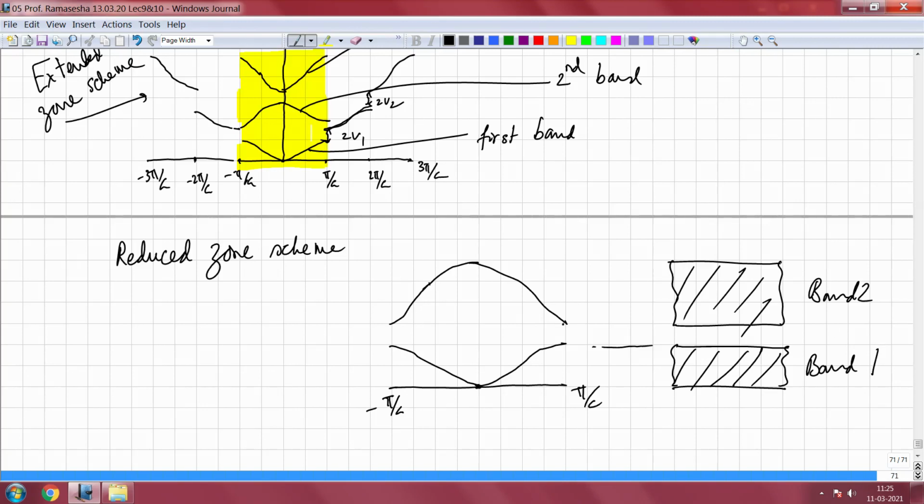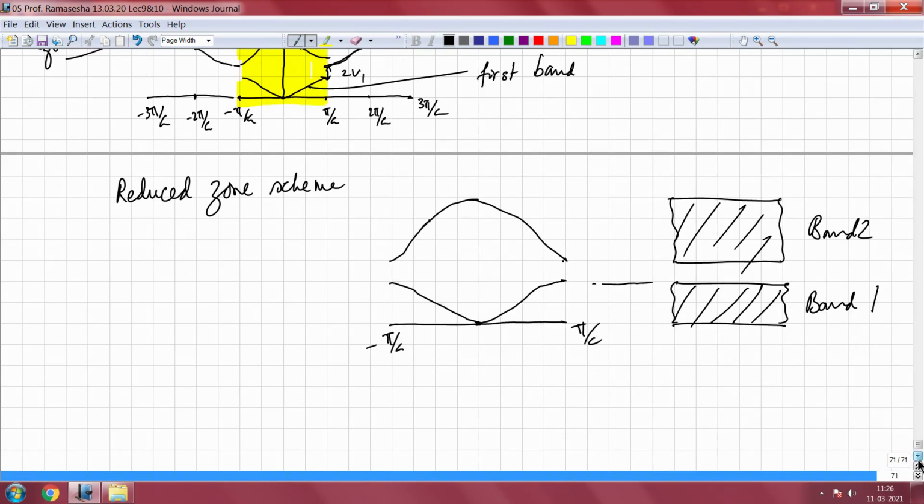You will also see that as we go to higher and higher bands, the bands become broader. This is also true in real systems, not just nearly free electron models, because the orbitals are more extended at higher quantum numbers, and because of the higher extension they have larger overlap, and there is a bigger spread in the energy of the states.